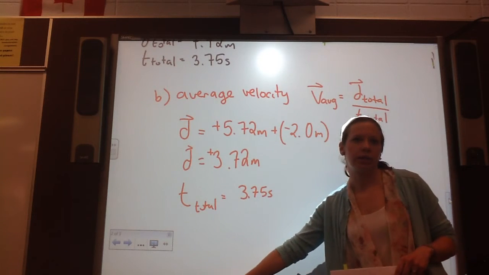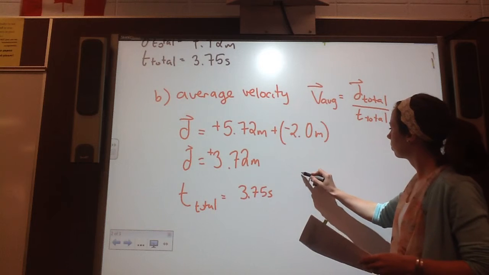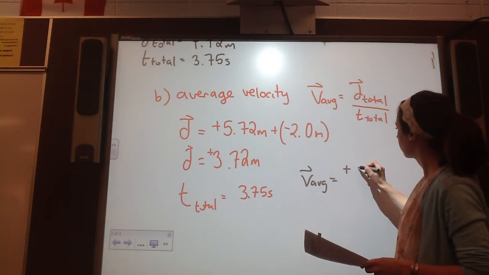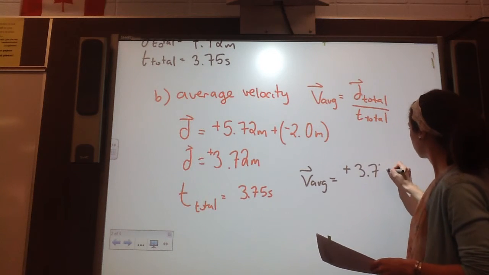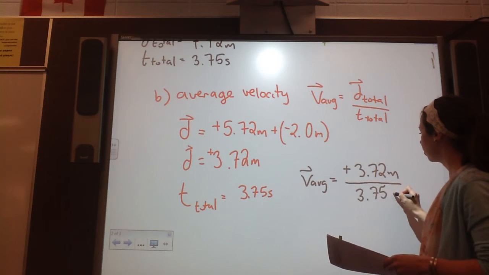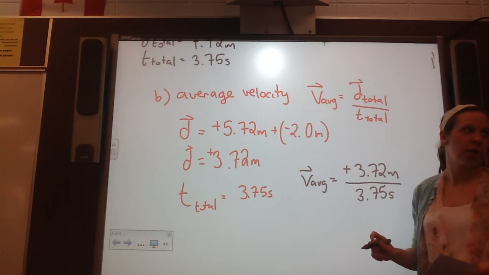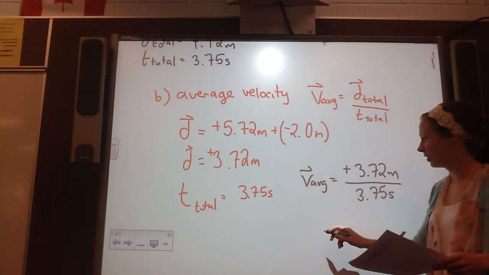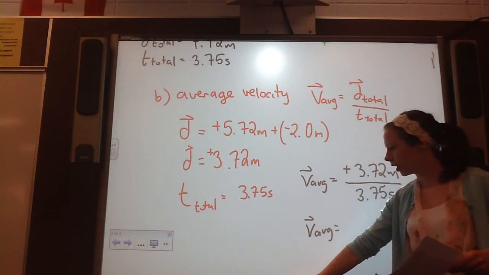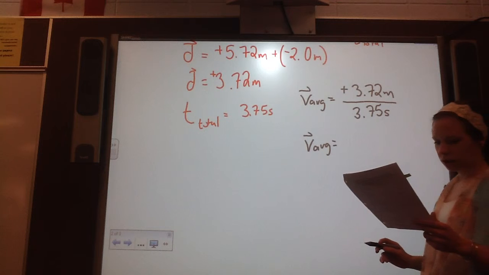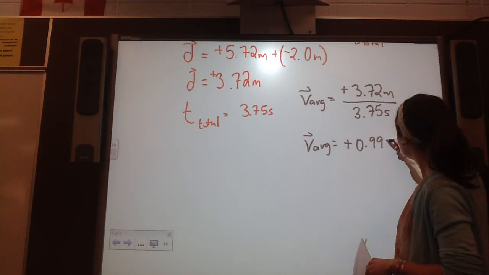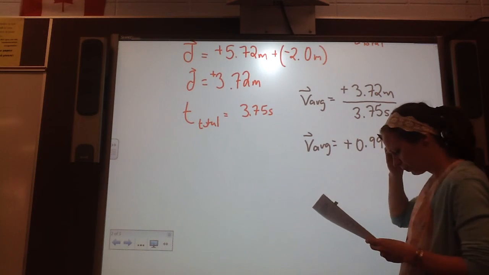So now I can put this into my formula. Make sure you're using your units. I'll take marks off your test if you don't have units, so do it now, even if you get the answer right. Okay? So positive 0.992 meters per second.